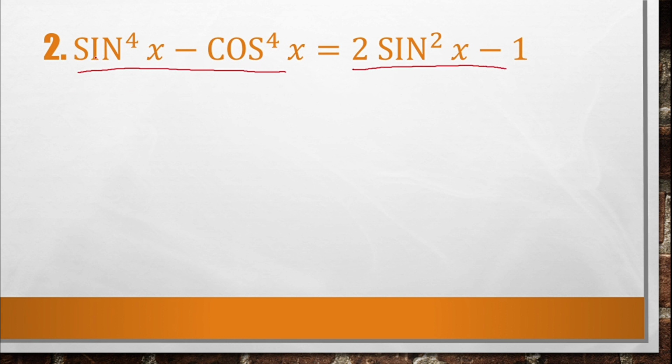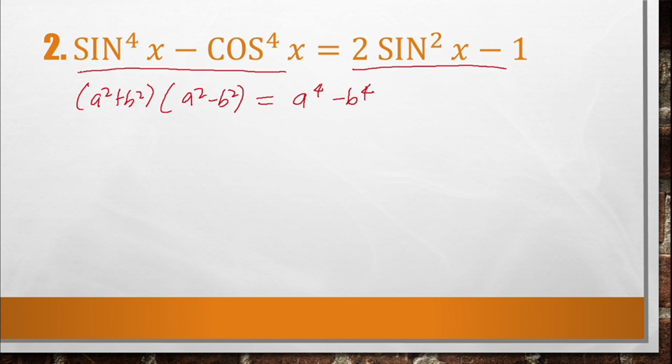So if we're going to factor this one, this is the same as in algebra that we have to factor like this. So this is in the form of a squared plus b squared times a squared minus b squared is equal to a raised to 4 minus b raised to 4. This is in the form of this identity.